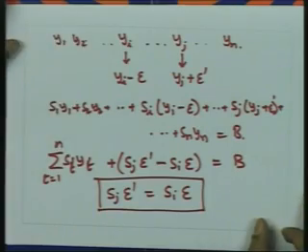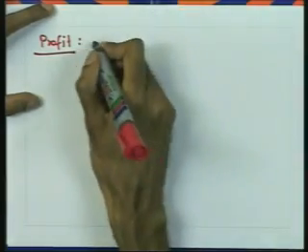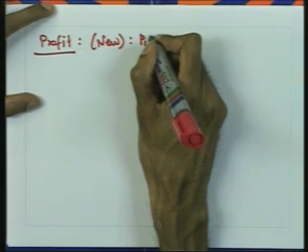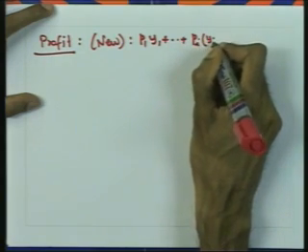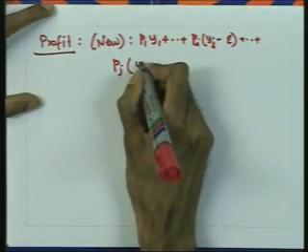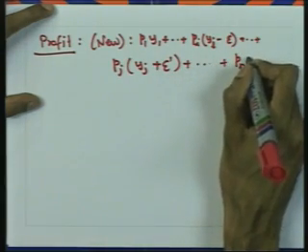So let us see what happens to the profit. What is the new profit? The old profit we know, the new profit is P1 Y1 and so on, plus Pi into (Yi minus epsilon), so on, plus Pj into (Yj plus epsilon prime), and we go on up to Pn times Yn.